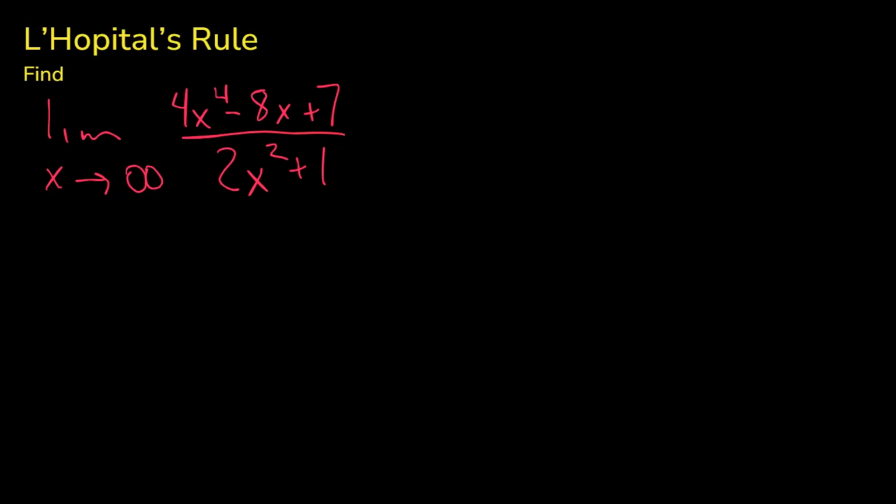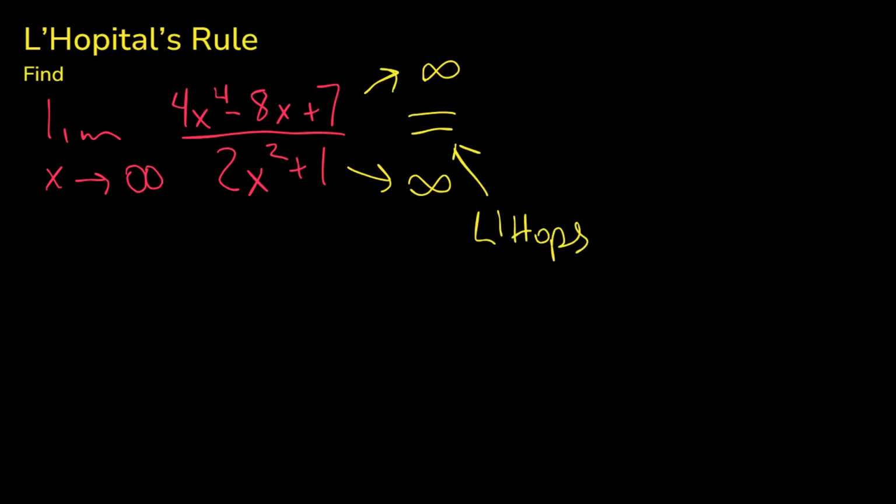So here's yet another example. We have some polynomials here. You can't really factor this, but we're taking the limit as x approaches infinity. And so we know that the numerator limit is going to be infinite, and the denominator is going to be infinite as well. So we could use L'Hopital's rule and take the limit of the derivative of the numerator and denominator.